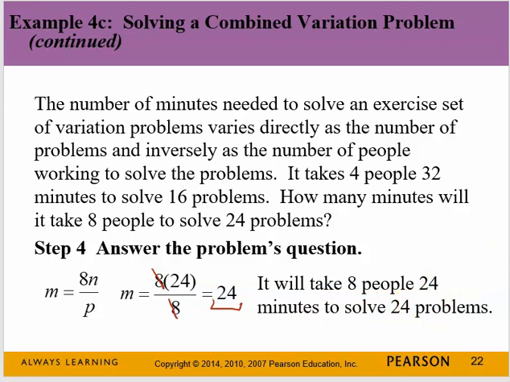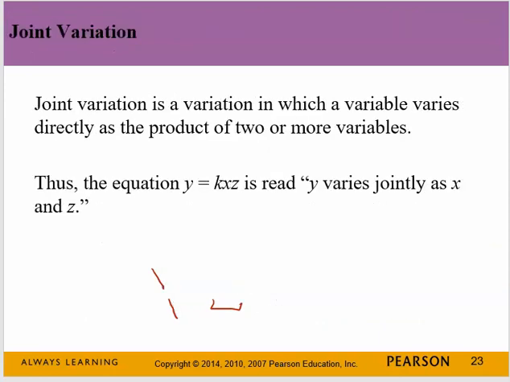All right, going on now to our last type of variation, which is joint variation, where you could have direct variation and then some other things varies jointly as X and Z. So let's take a look at a problem.